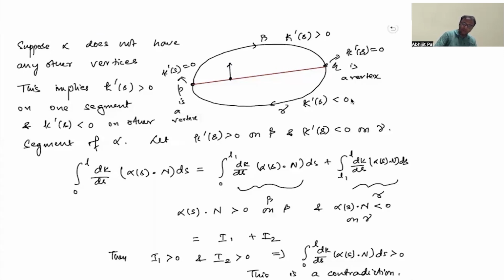Okay, so therefore I'll have another vertex. So this implies there exists a third vertex on alpha. Let me again draw this picture.